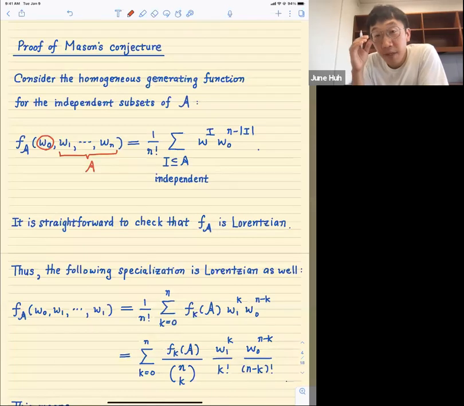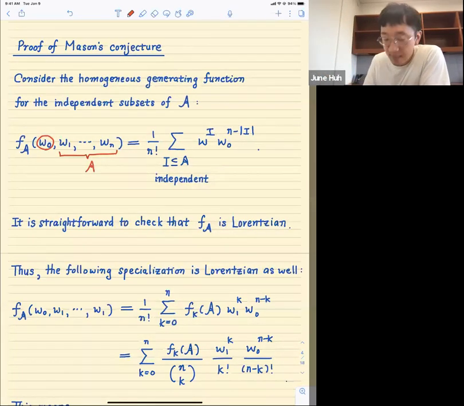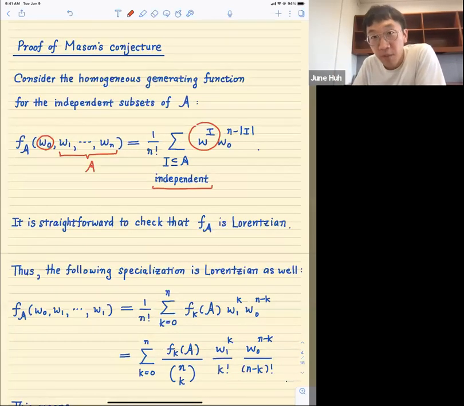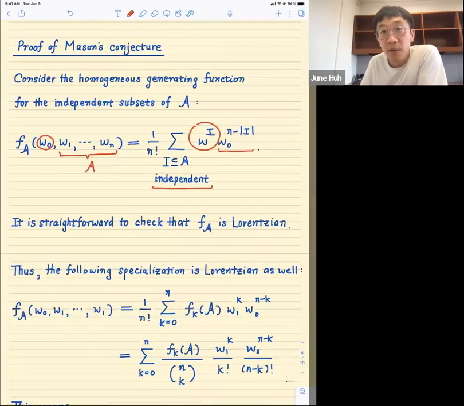The generating function is for the independent sets. You sum over all independent subsets I of A, and there is a corresponding square-free monomial, wI. I hope the notation makes it clear which monomial I'm referring to: it's the one corresponding to an independent subset. And I just use my extra variable W0 to homogenize the whole thing into degree n.